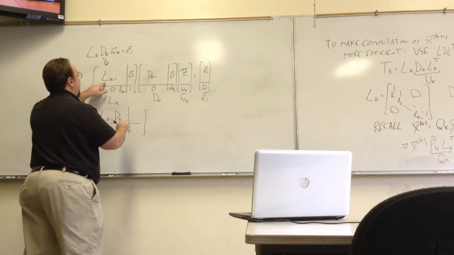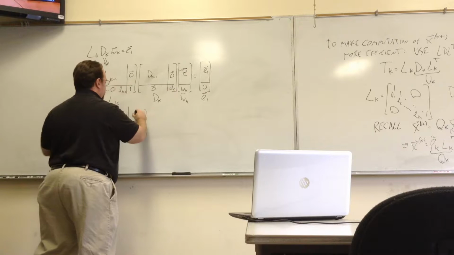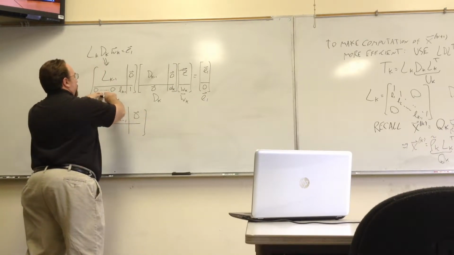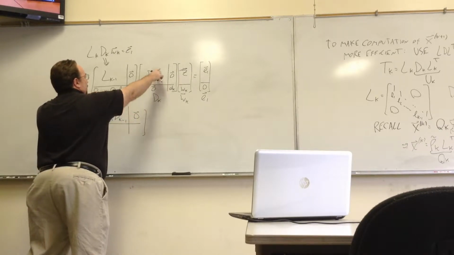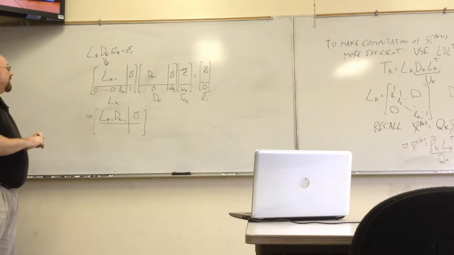Alright, and then I have LK minus 1 times 0, so I get 0 over here. And then this row vector times this matrix is going to give me another row vector.